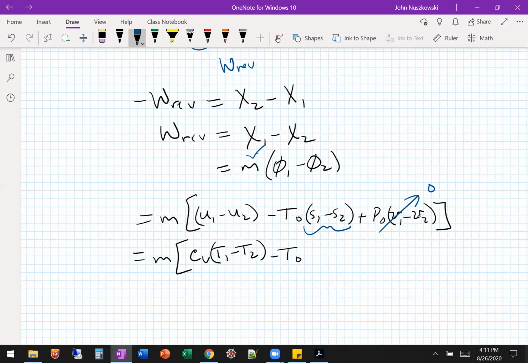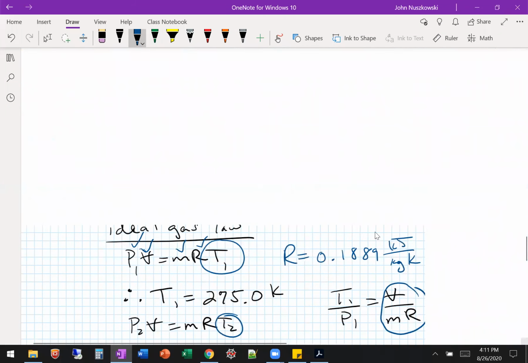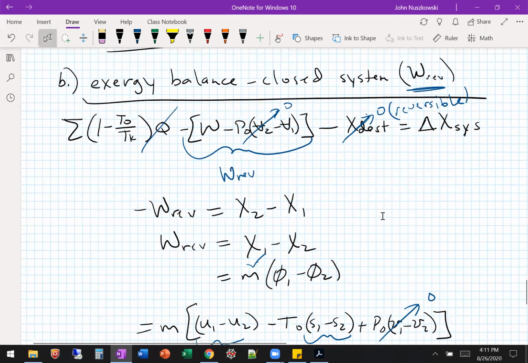So we have an ideal gas, just like we went and got for delta U, we got the relationship for the ideal gas of how to get those properties. Again, we have an ideal gas for delta S. And we did Cv delta T, so we assumed, I forgot to write that down, constant specific heats, right?